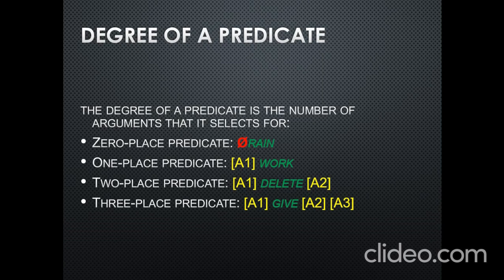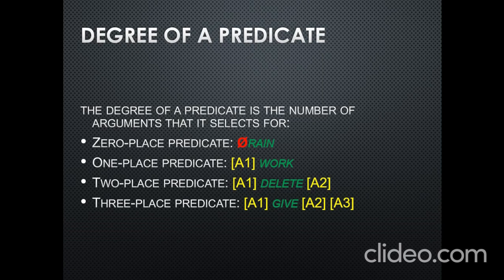We don't need anything else for rain to have its meaning complete. You see a symbol there in red because even though the verb to rain does not require an argument, it requires something in terms of syntax, but not in terms of semantics.